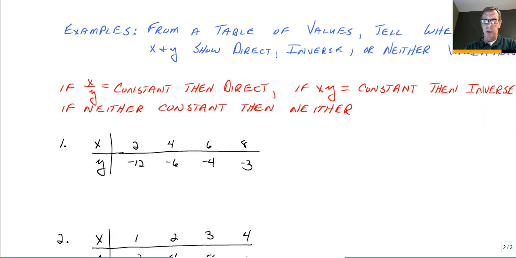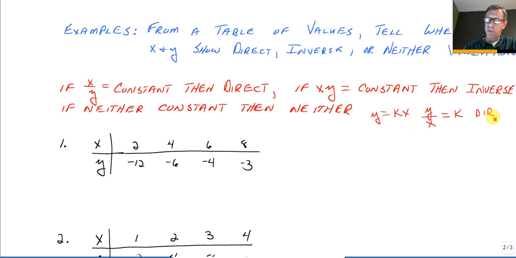This kind of problem gives us some values in a table, and asks, are these inverse, direct, or neither variations? And the one thing we need to remember here is that y is equal to kx for direct. So like we mentioned earlier, y over x would be equal to k. So dividing y by x gives us a constant value.